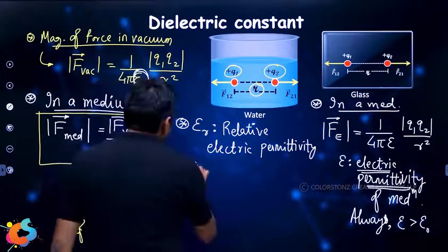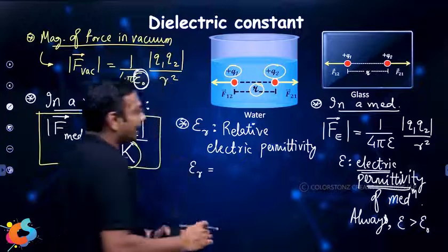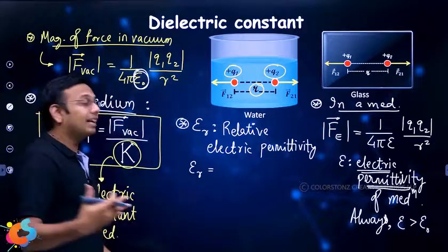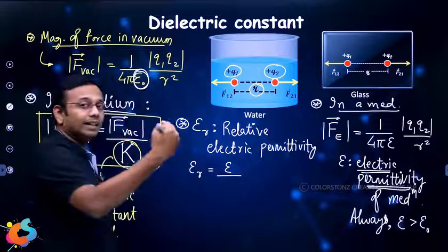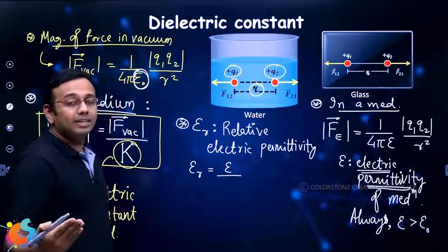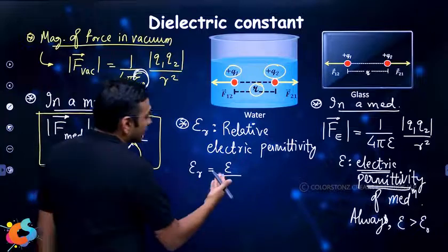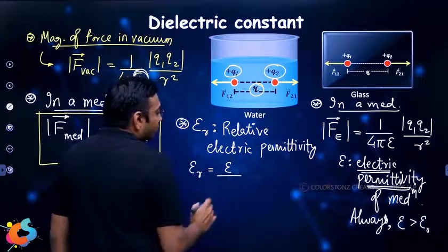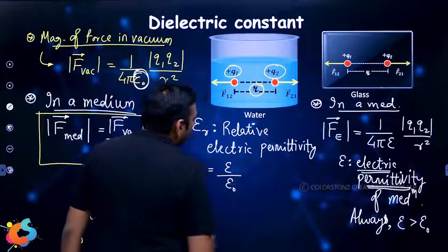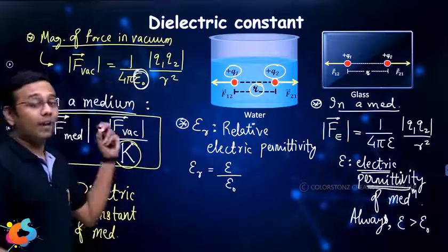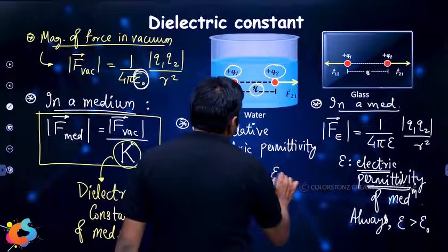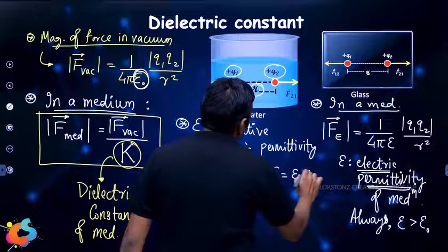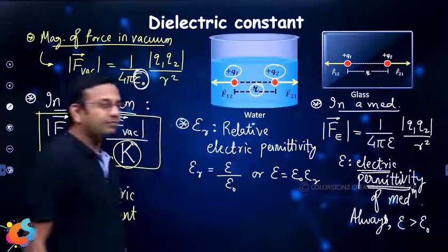This can be defined in a similar way to relative density, that is the density of a material with respect to the density of water. Same way, this is the electric permittivity of the medium with respect to the electric permittivity of vacuum. Or we can also write this as epsilon is equal to epsilon naught epsilon r.